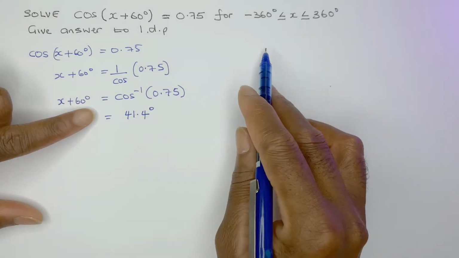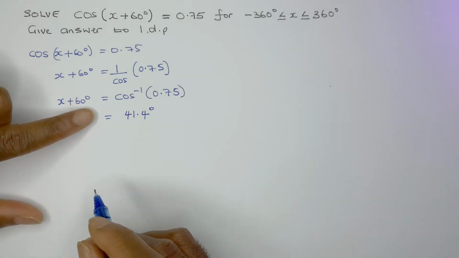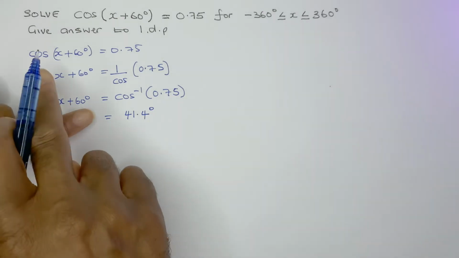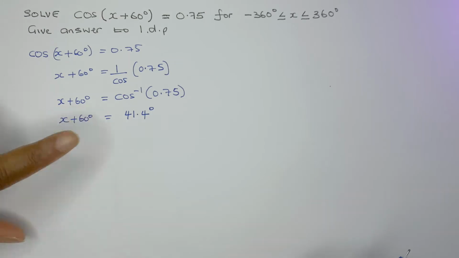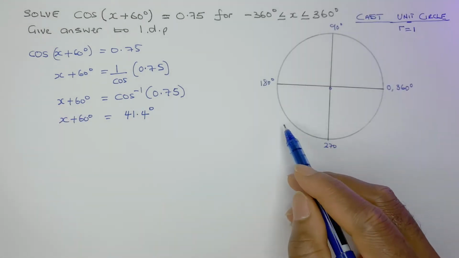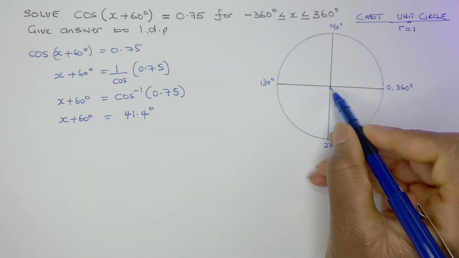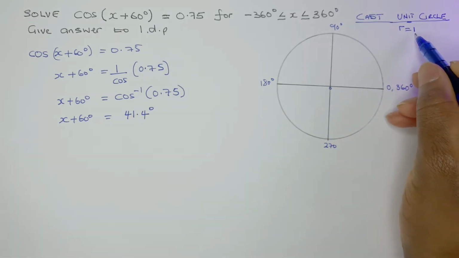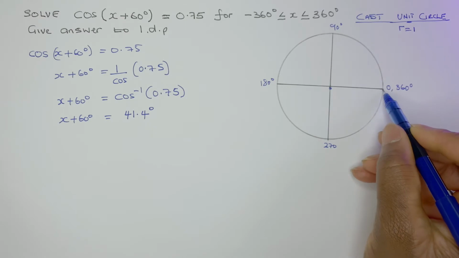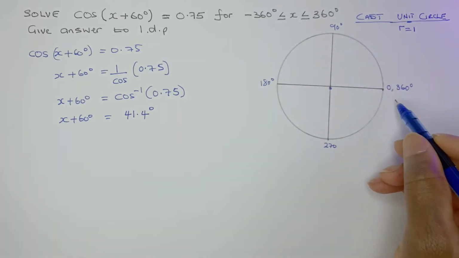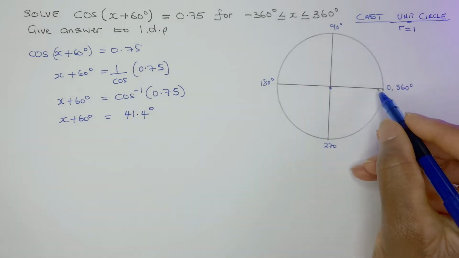Let's sketch this on a CAST diagram, or we might use the cosine function diagram. Using the CAST diagram here, this is a unit circle, which means the radius is 1. So from there to there is 1. We measure the angle from 0 to 360 anti-clockwise.